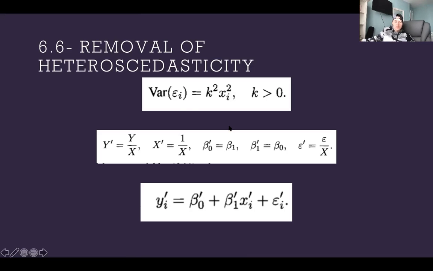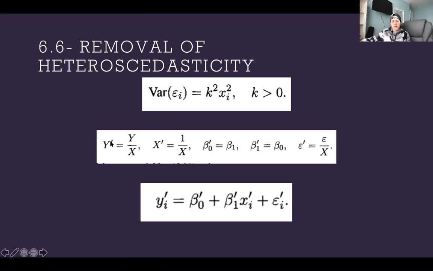So we have our variance, which is indicated by the formula up on top right here. The variance of the errors is equal to k squared times x sub i squared, and k is always going to be greater than 0. If we look at the information in the middle here, we can define a new set of variables and coefficients to work with.